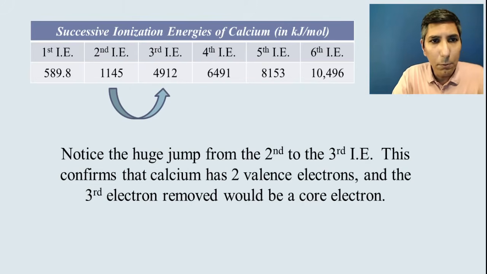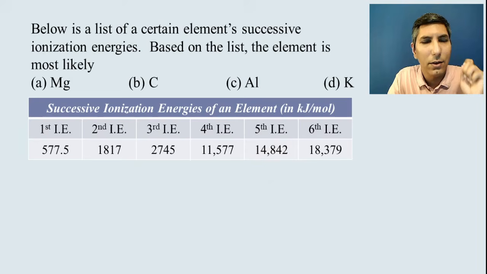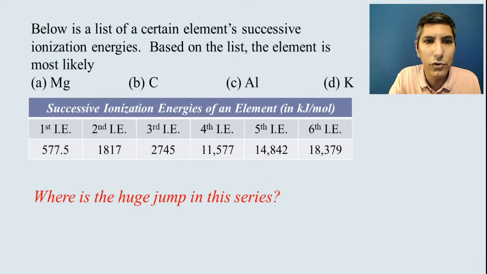Now, with data like this, we can actually predict what element it could be. So let's take a look at this little table, and let's predict which of these 4 elements we're looking at here, if this is the data. So the first thing you want to do is find where the huge jump is.